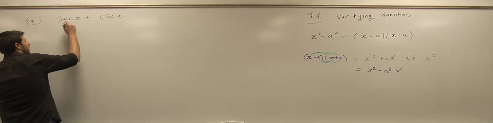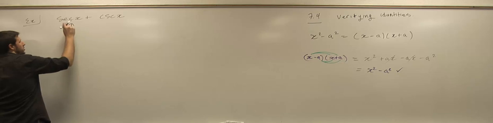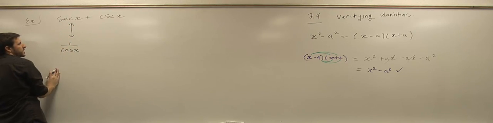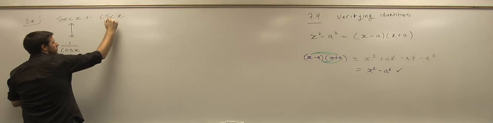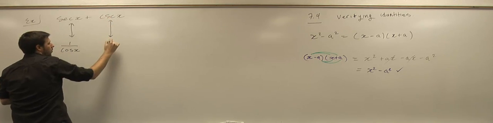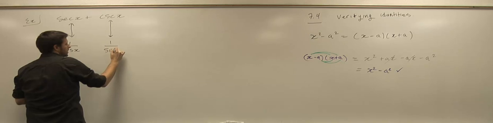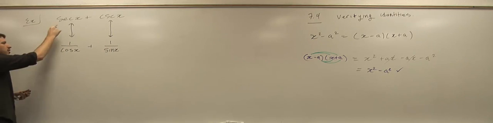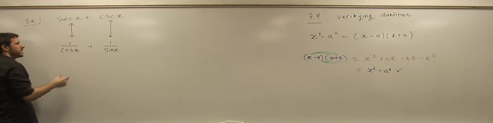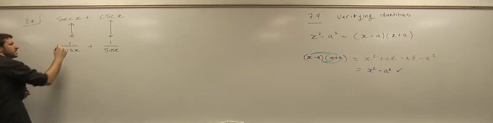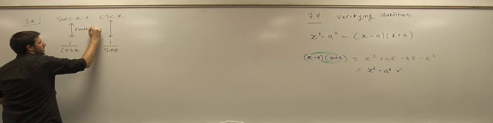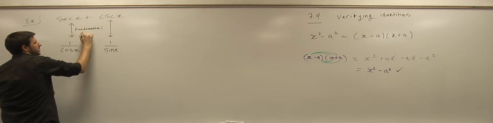So the implication here is I want you to turn this into a fraction, 1 over cos x. Turn this into a fraction, 1 over sine x, and then add. And I know secant is 1 over cos x because of my fundamental identities. This is from chapter 4, or 6.